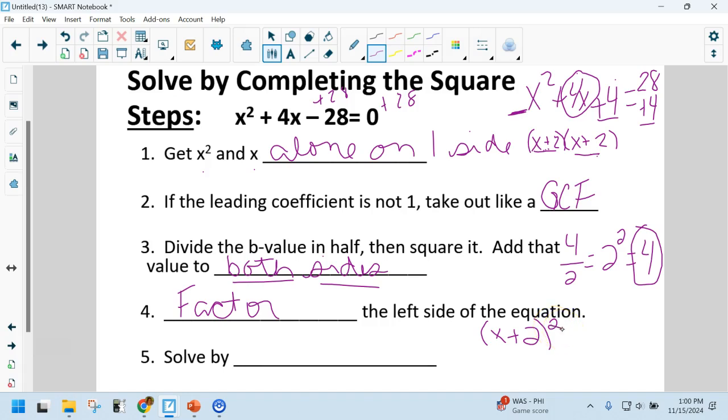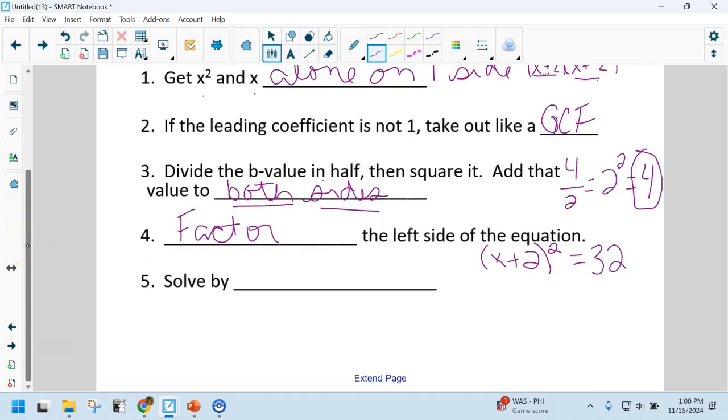It's an x plus 2 and another x plus 2. That's x plus 2 squared. And it equals, we add the 28 and the 4 together, and we get 32. And now this problem that we have here looks exactly like everything else we've done. So we can solve by square roots.